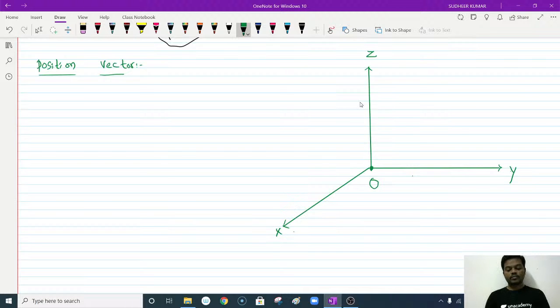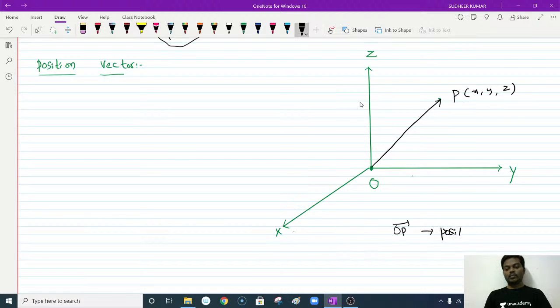If you locate a point in this space, suppose we take P(x, y, z). The directed line segment joining the origin to the point is called vector OP. So vector OP is called the position vector.